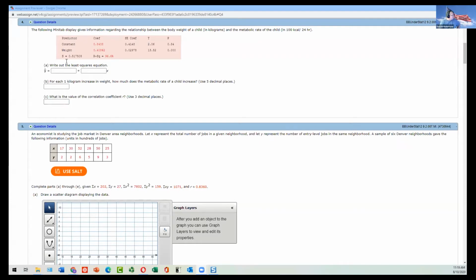Write the least squares equation. In this mess here, there should be a guy called coefficient, right? You see it? It says constant. So the number that goes here for the constant is 0.8408.